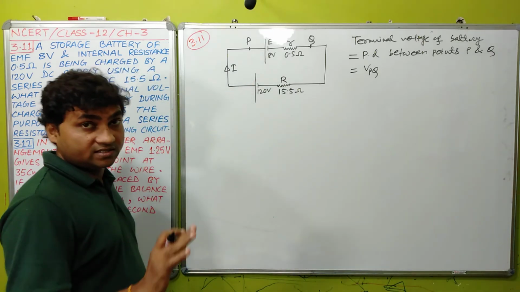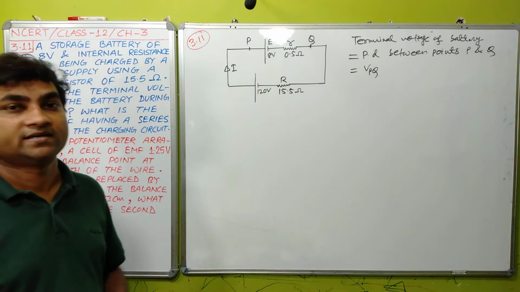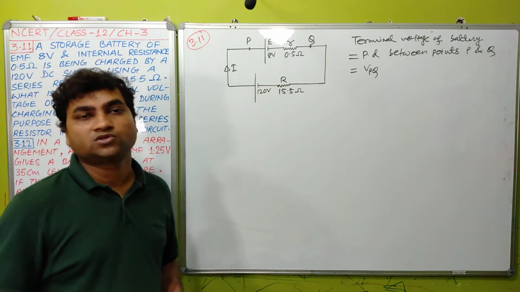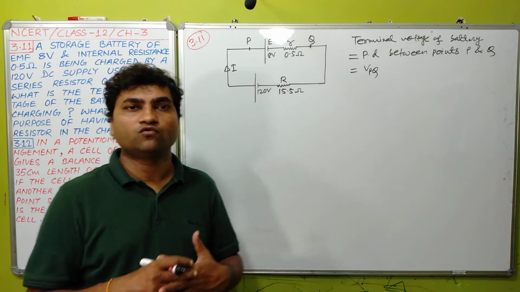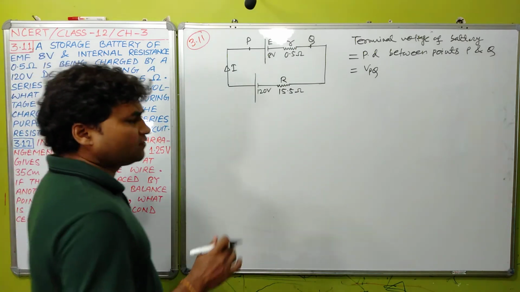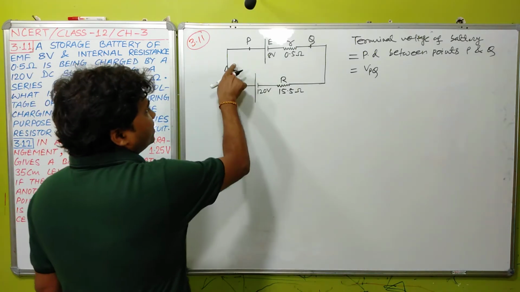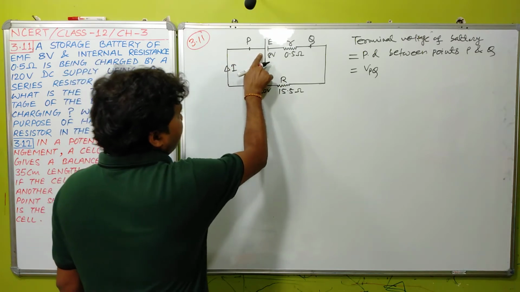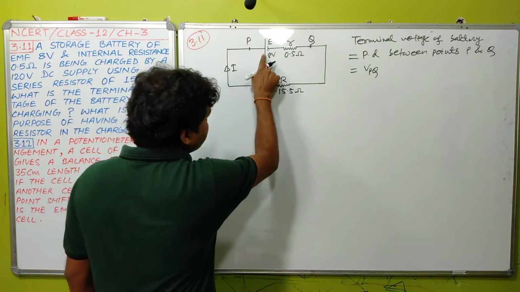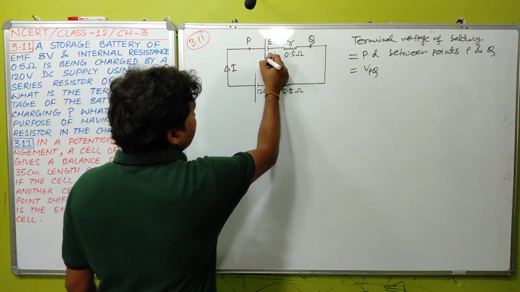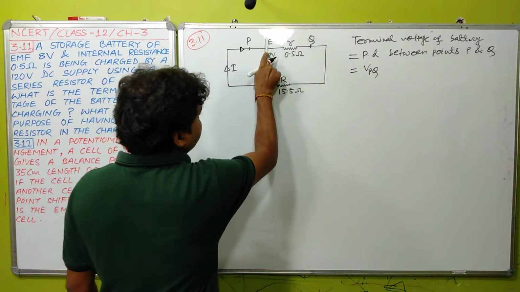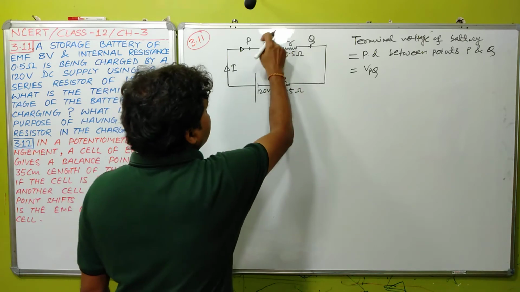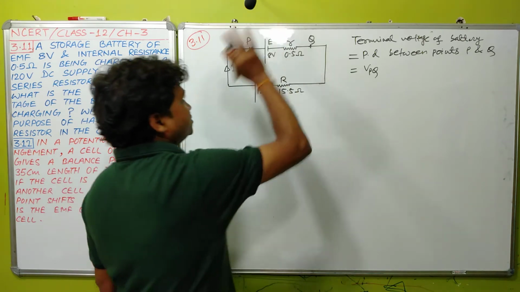In other words, if you have to check whether a battery is in charging or discharging condition in any particular situation, how will you check it? Very easy, just see if current is entering the battery through its positive terminal, then it means the battery is being charged.